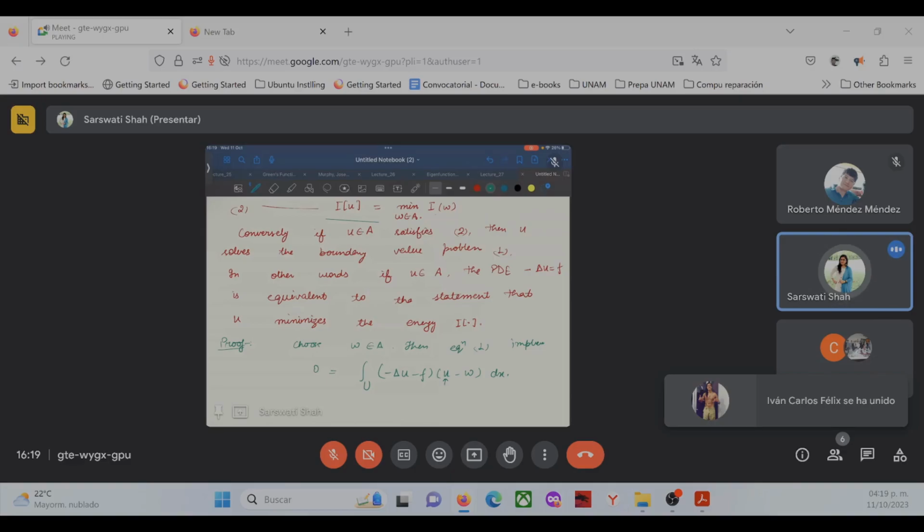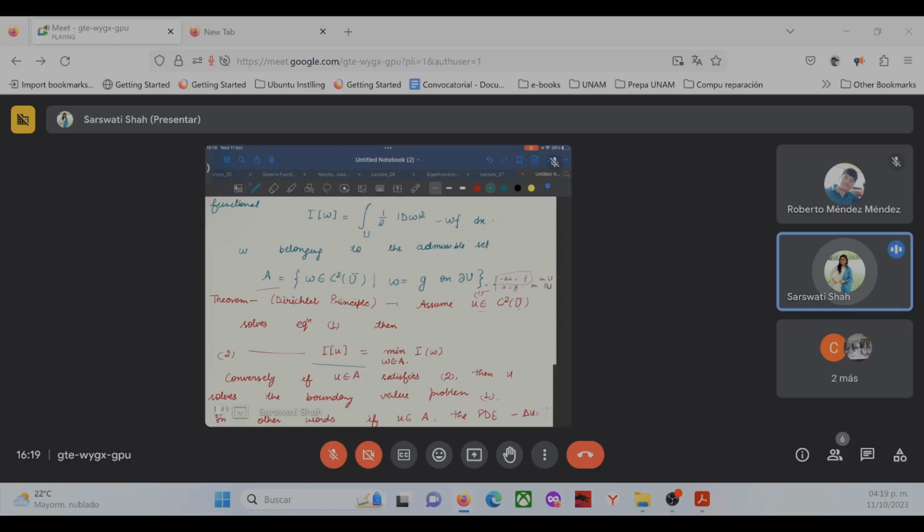Zero equals the integral over omega of minus the Laplacian of U minus W, times U minus W, dx. Tell me, if U is the solution of this equation, then what will be the value of U on the boundary?